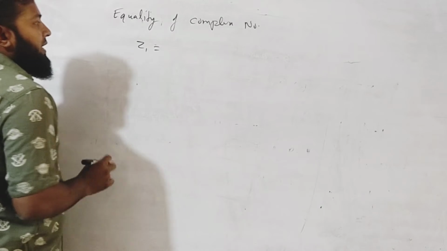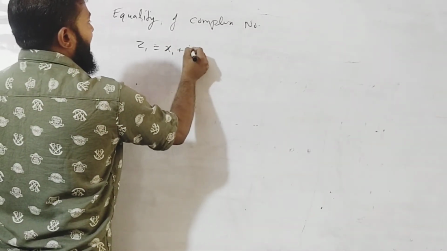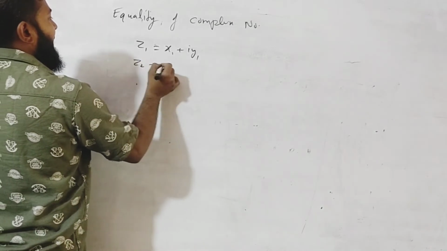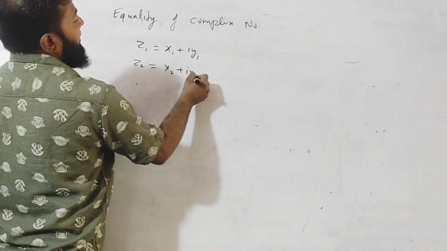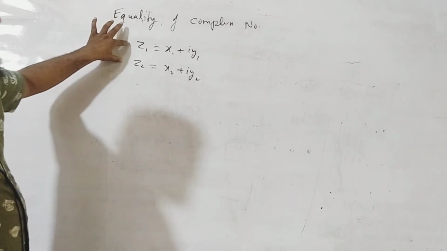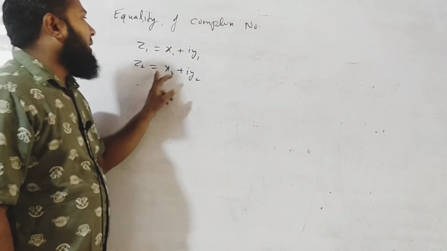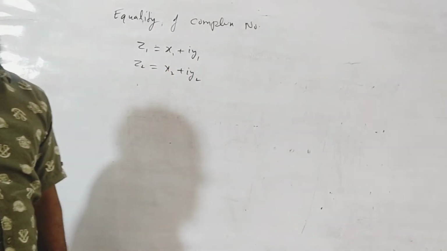If we have two complex numbers, z1 equal to x1 plus iy1 and z2 equal to x2 plus iy2, then z1 and z2 are said to be equal if the real parts of z1 and z2 are equal and the imaginary parts of z1 and z2 are equal.